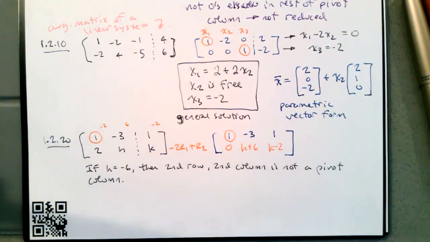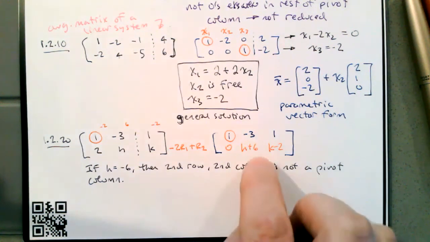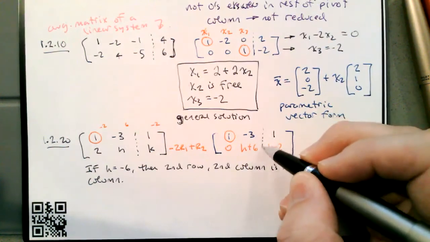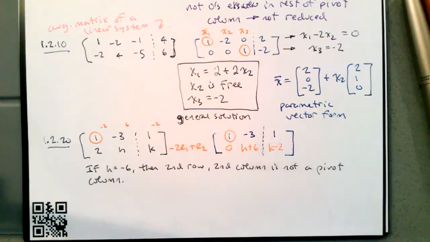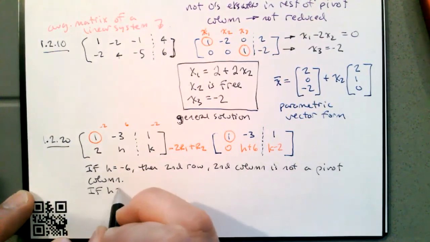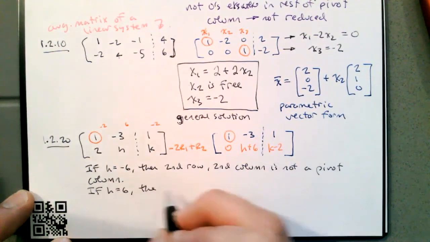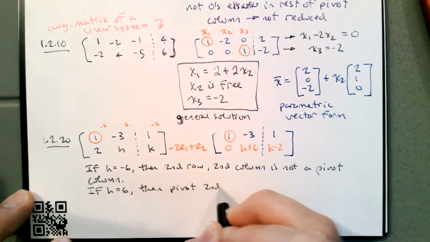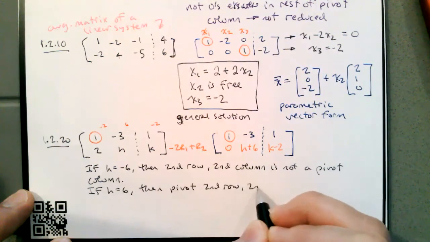If h is -6, then I don't get to pivot right there. If h is not -6, then we do a pivot right there. Now remember, this is the augmented matrix of a linear system. So I'm going to also say if h does not equal -6, then we get a pivot in the second row, second column.